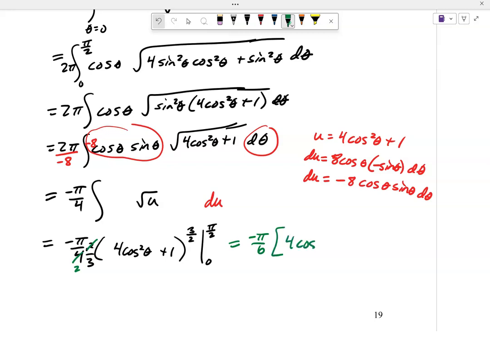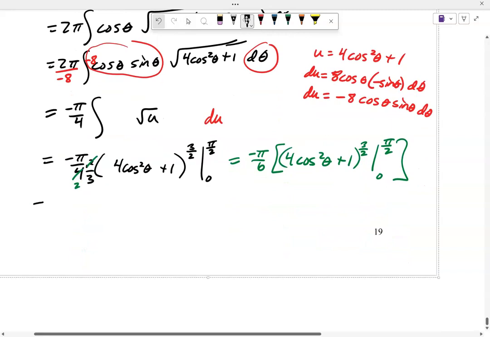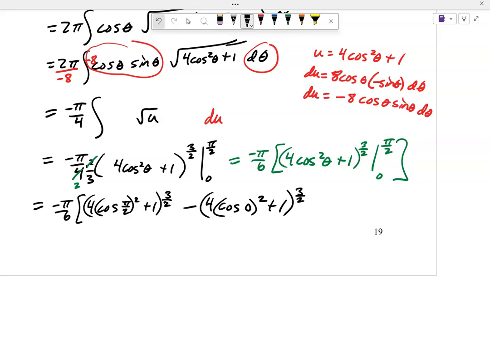So I got 4 cosine squared theta plus 1 to the 3/2, from 0 to pi/2. I'm going to put that constant out front there. So I got 4 cosine of theta squared plus 1, to the 3/2, minus 4 cosine of 0 squared plus 1, to the 3/2.